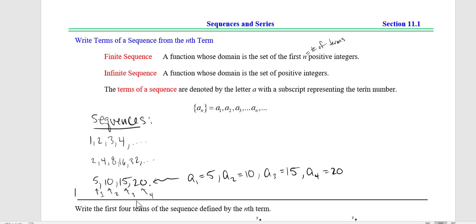So in other words, this is exactly like a function where instead of having something like f of x equals some expression in x, like x squared, we would have something like f of only the integers equals something like that integer squared. But we would just write that result as a sub n instead of f of n.